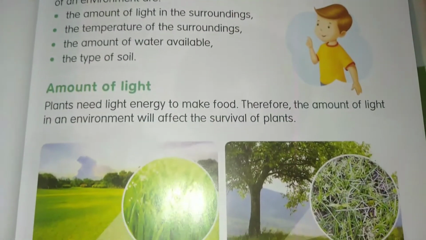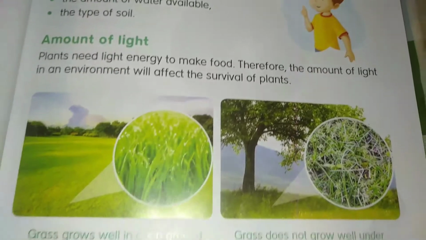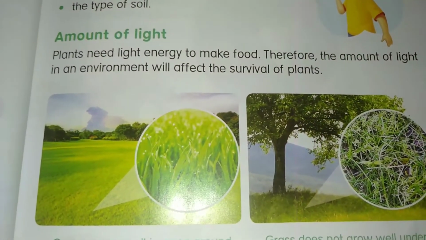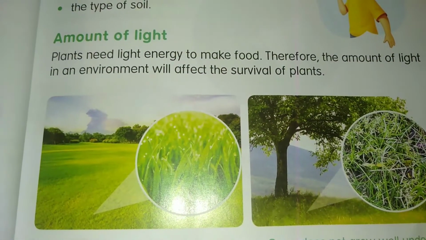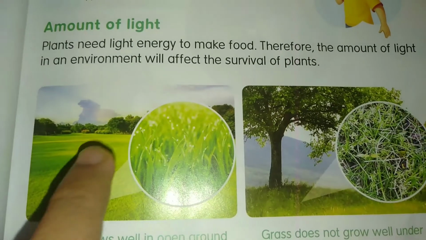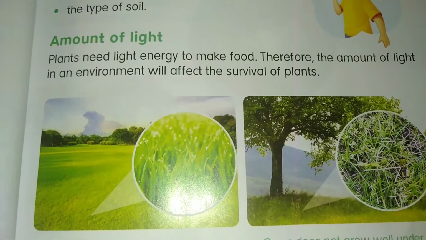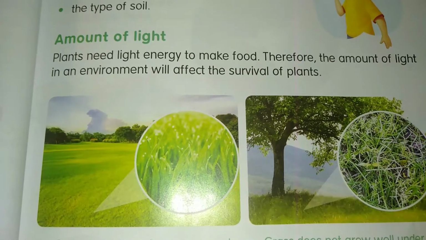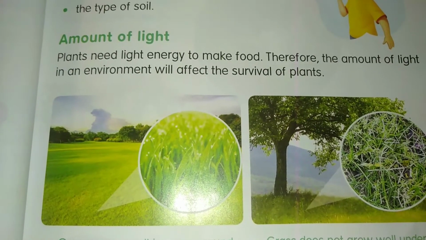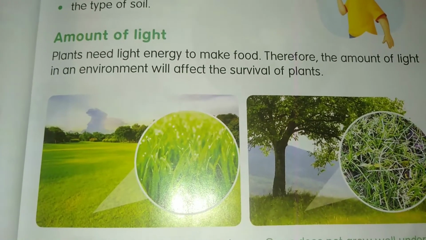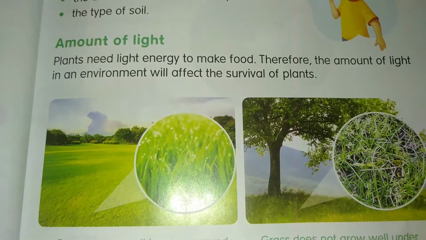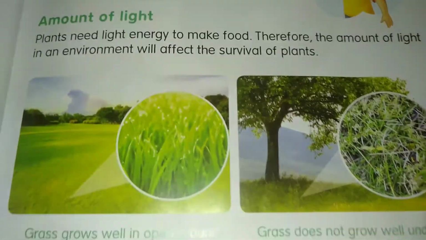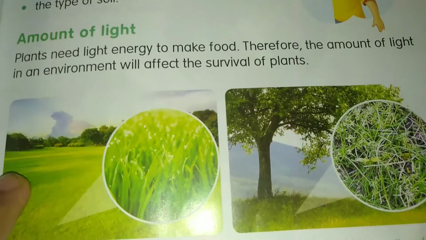So we'll go to the amount of light. Plants need light energy to make food. Therefore, the amount of light in an environment will affect the survival of the plant. So plants need the sunlight.